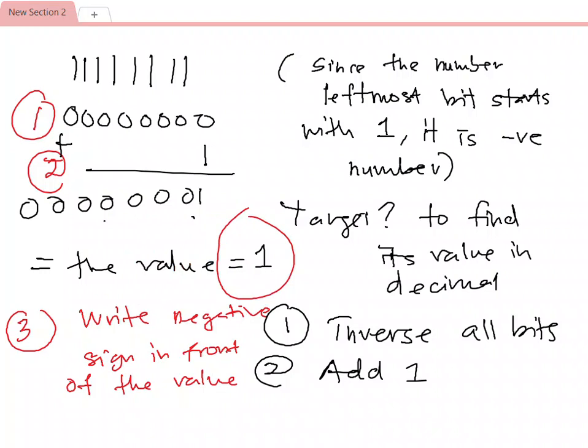So the final answer equals minus 1. Most of the students forget to put the minus sign. If you just put 1, it is wrong because this is just the value, but the number is actually negative 1.